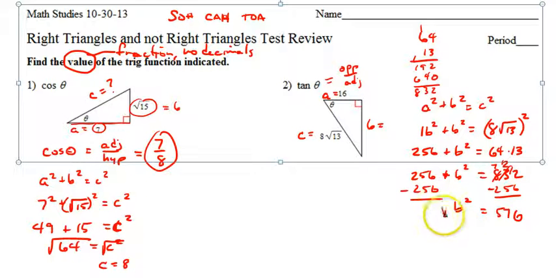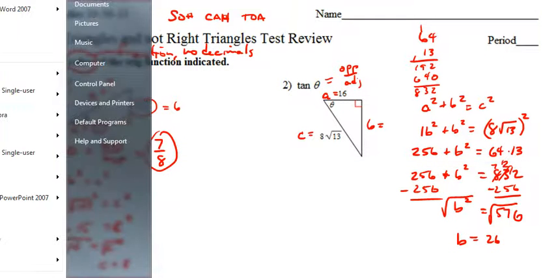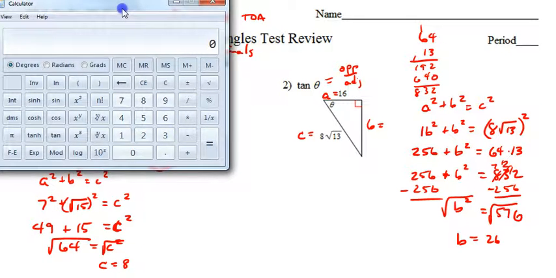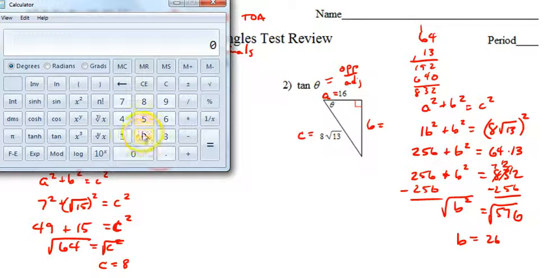I believe that this is 26. B equals 26. Let me check that out. Bring up my handy dandy calculator and take the square root of 576. Oh, 24. So sorry, 24.